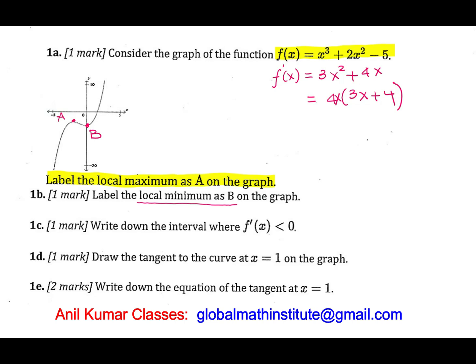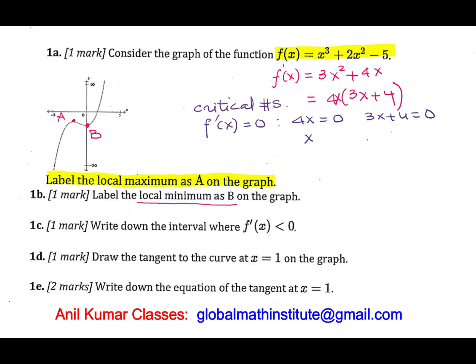So clearly, critical numbers are at which point? We can now find the critical numbers, which will be when the first derivative is equal to 0. In this case, the first derivative is 0 when 4x is equal to 0 or when 3x plus 4 equals 0.